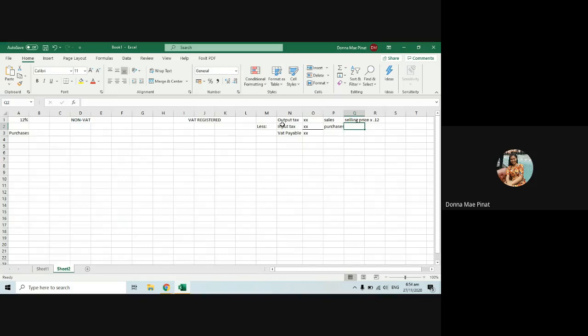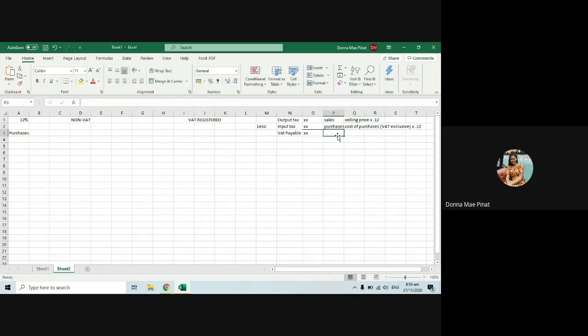For input tax, it depends. When the cost of your purchases is exclusive of VAT, you multiply it by 0.12 to get the VAT.